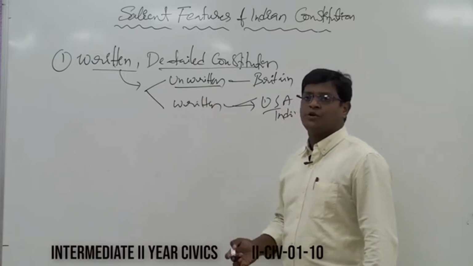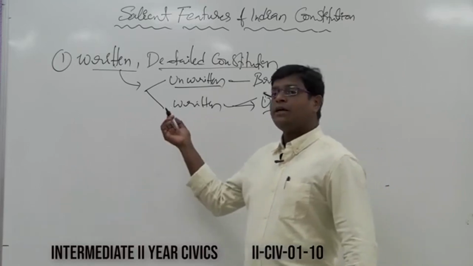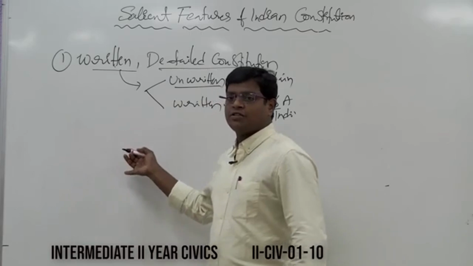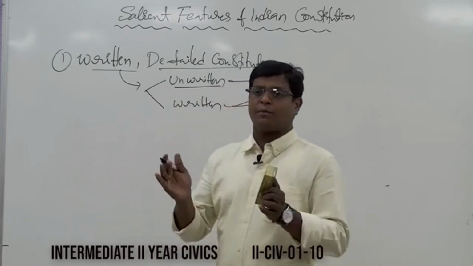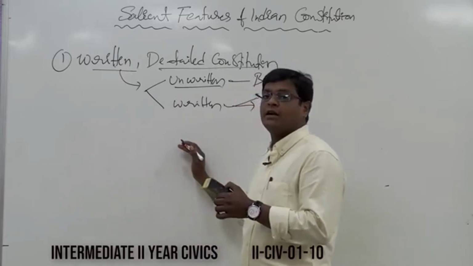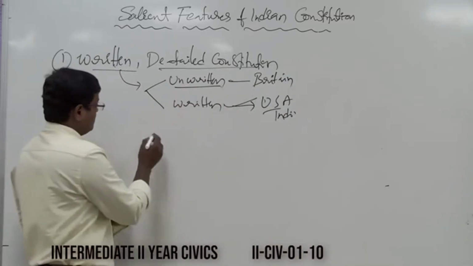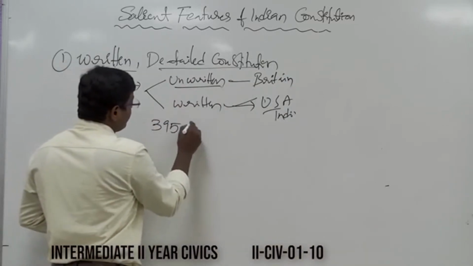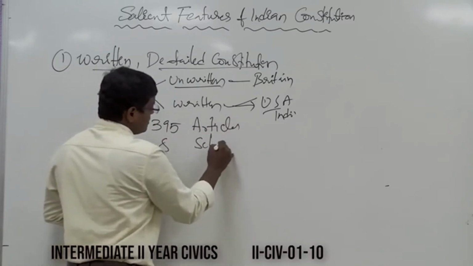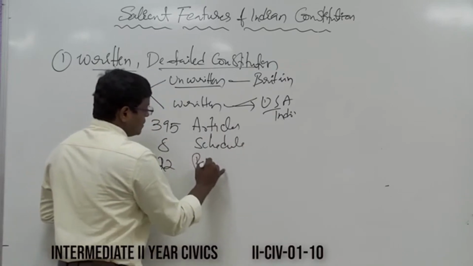Here the Indian Constitution is a written document, you know very well. For drafting the Constitution, we formed the Drafting Committee. This committee drafted the Constitution, which consisted of 395 articles, 8 schedules and 22 parts at the beginning.